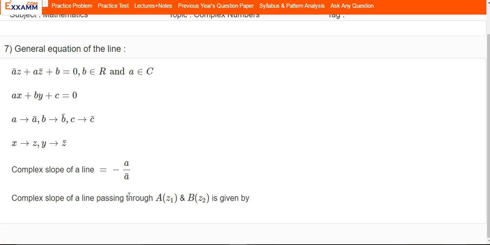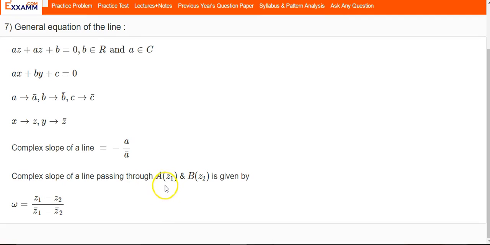Then what is the complex slope of a line passing through a, that is z1, and b, that is z2? It would be given by omega. Omega is used to represent a complex number, in many cases a general complex number. So don't jump to the conclusion that omega is one of the imaginary cube roots of unity.